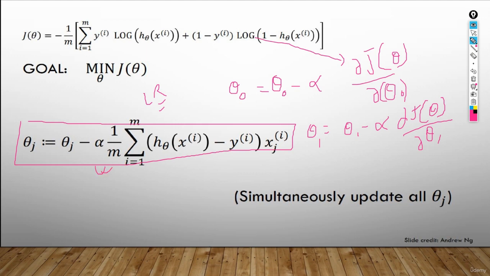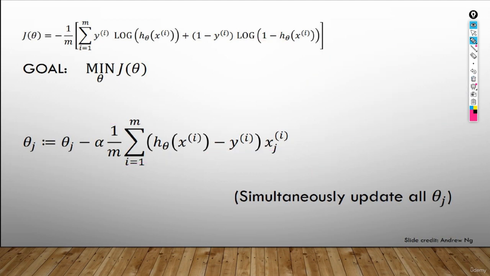So this was in the case of linear regression. Simultaneously you will update all the theta j, and theta is dependent on your x's, that is, your inputs. However many inputs you have, that many thetas you will have. Theta naught should also be updated. Let's say you have two inputs, x1 and x2.